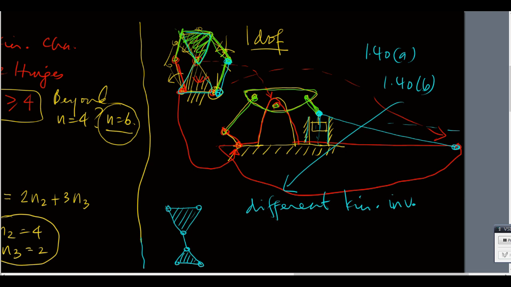If I put 1 here, then I have to put 2 here. I can't put all 3 there and connect this, because then it will become a rigid body. If I just connect this one to this one without an intervening link, then it will form a triangle. Okay, so it will be like this.